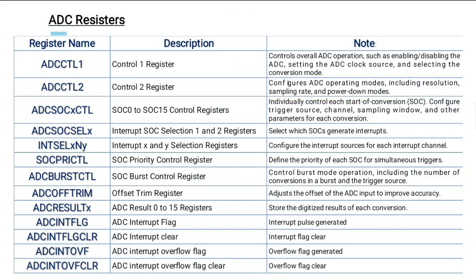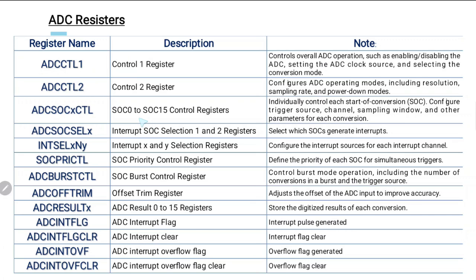The analog to digital converter module for the LaunchPad has a different set of registers, that is control register 1 and control register 2. Control register 1 controls the ADC operations such as enabling and disabling the ADC, setting the clock sources and selecting the conversion mode, whereas ADC control register 2 configures the ADC operating modes including resolution, sampling rate and power down modes.